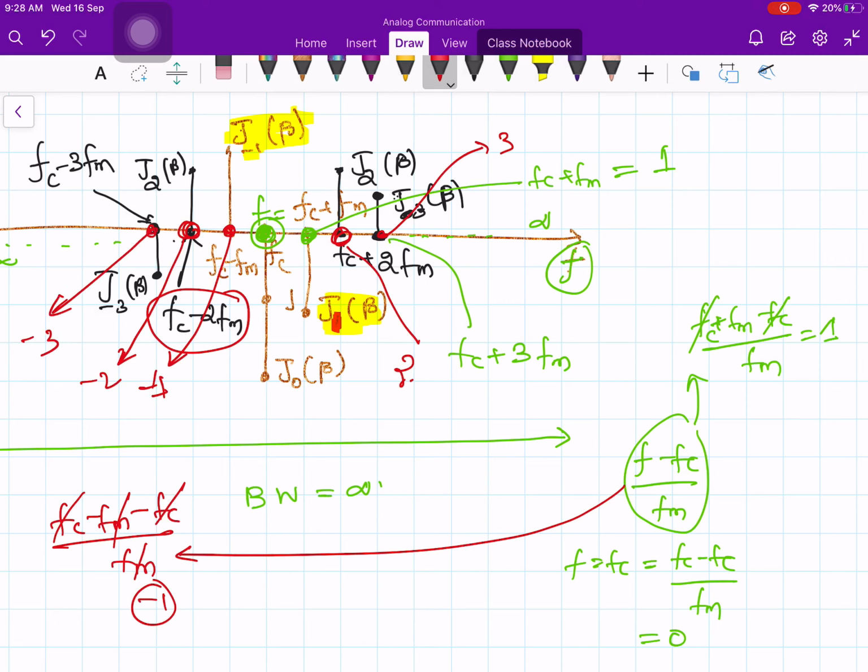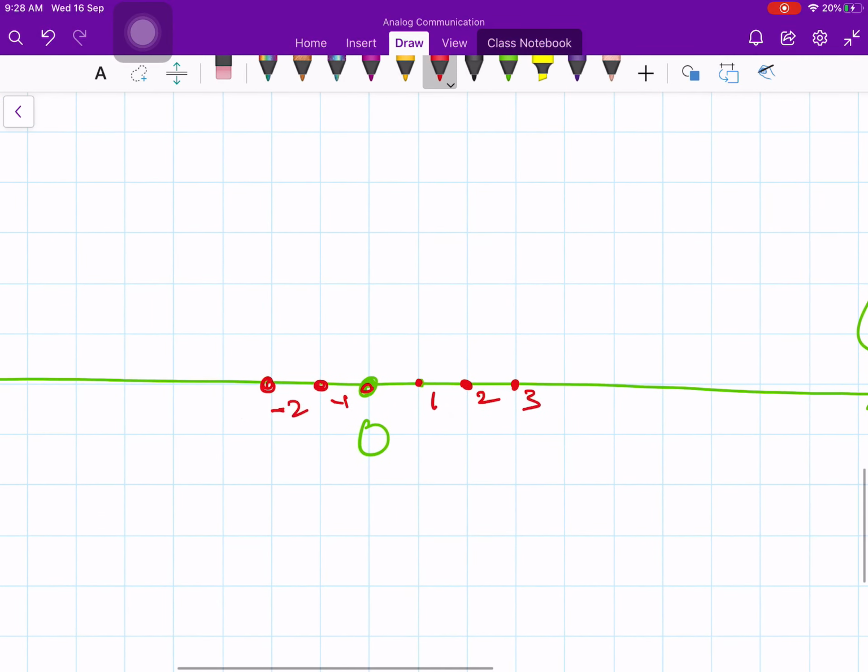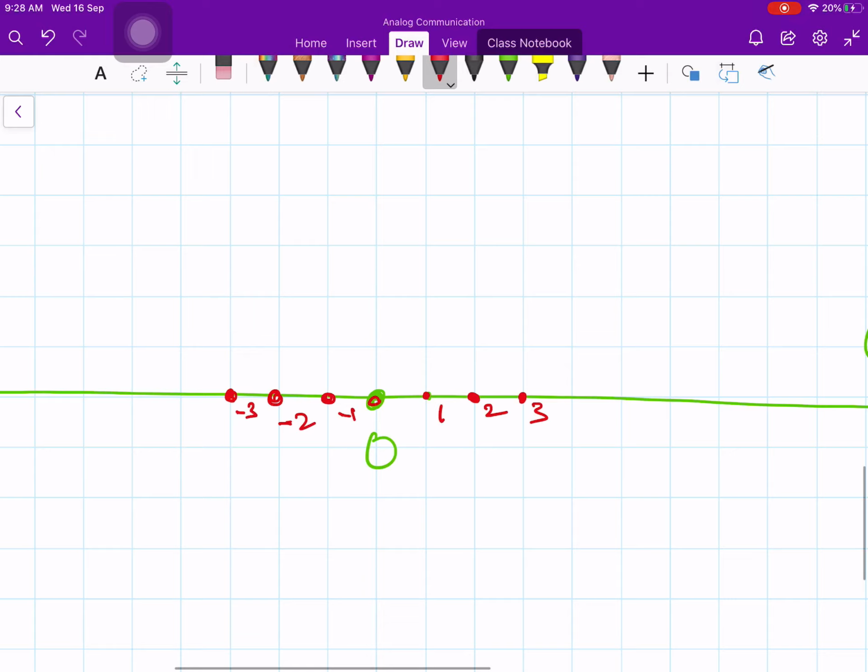So I am normalizing the frequency axis, right? So this is 0, 1, 2, 3, minus 1, minus 2, then minus 3, and so on and so forth.